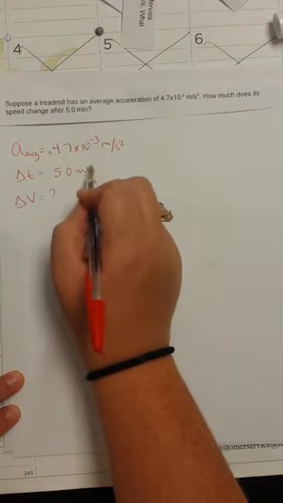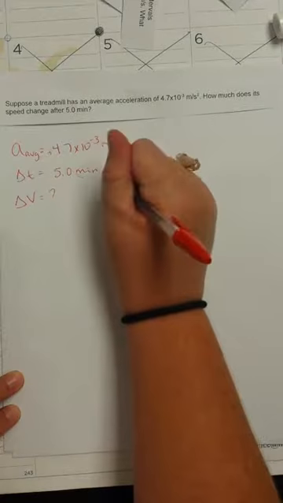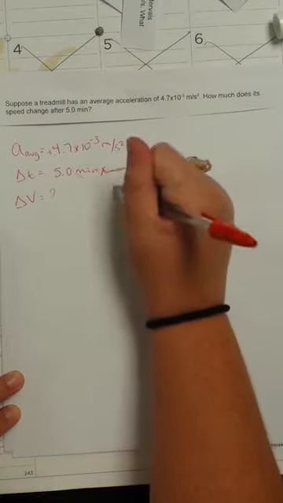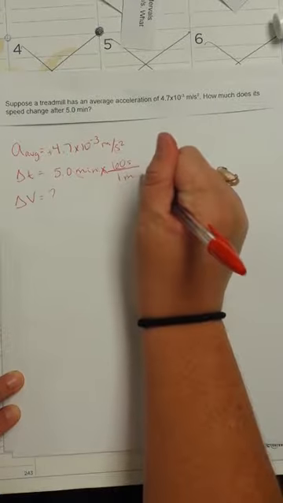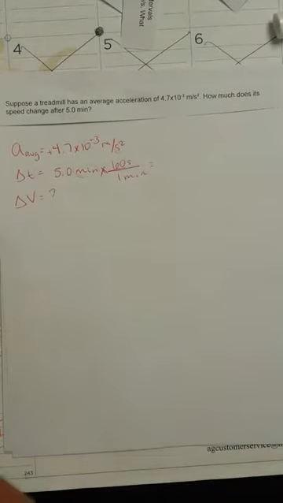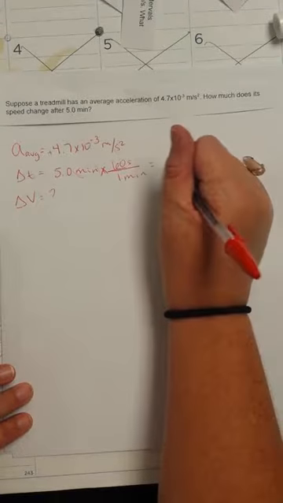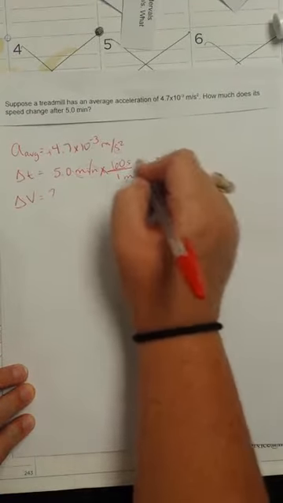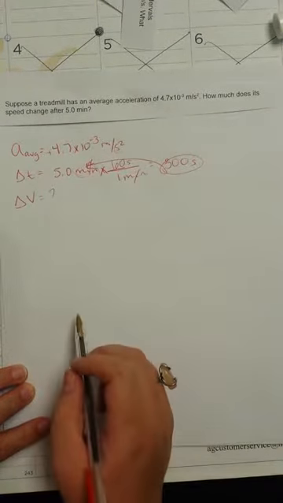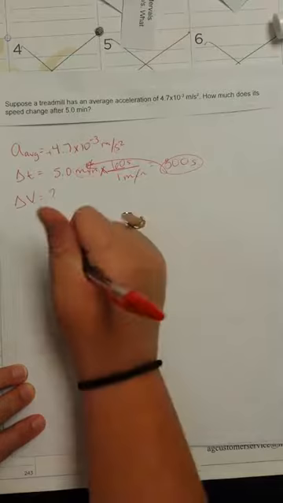So here I see that again I've got minutes and seconds, so I'm going to go ahead and make life simple and put this into seconds by multiplying by 60. Okay, well 5 times 60 is 300 seconds. Again, that's the same time interval that they gave us, it's just in seconds this time.